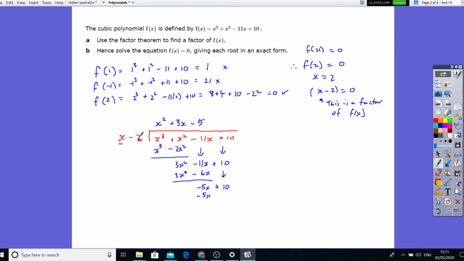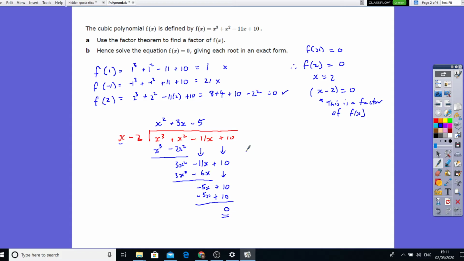And minus 5 times minus 2, two negatives become a positive, and 5 times 2 is 10, so that becomes a positive 10. As you can see, these two are exactly the same, and if you take away two numbers which are exactly the same, you end up with 0. So minus 5 minus minus becomes a plus, so minus 5 plus 5 is 0, and 10 take away 10 is 0. And that's what we should expect.